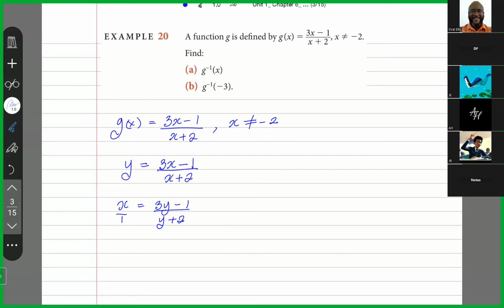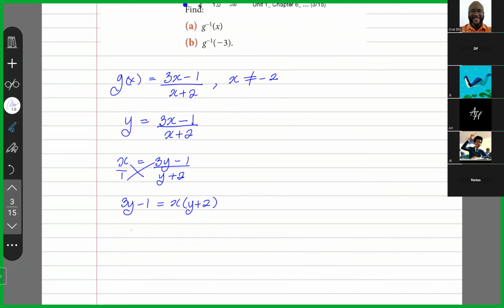Step 3 is to make y the subject again. So I'm going to get rid of the fraction by cross multiplying. So I'm going to have what? 1 times 3y minus 1 is 3y minus 1, equal to x multiplied by y plus 2.